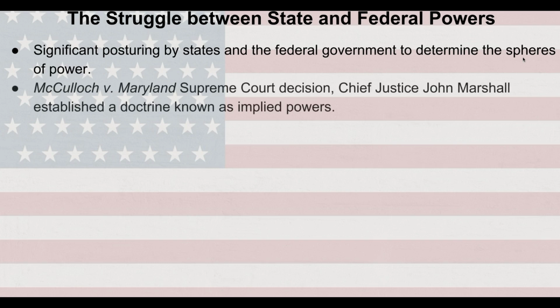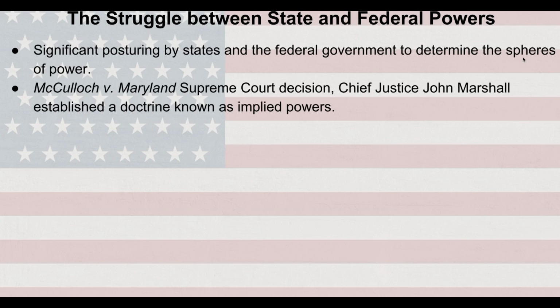And so in 1819, there's a very important Supreme Court decision called McCulloch versus Maryland. In this, there's a fight between Maryland and the federal government. The federal government is going to charter the Second Bank of the United States, and Maryland is going to try to tax that entity.